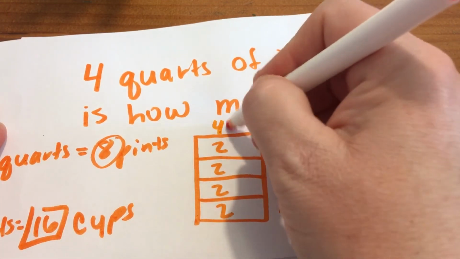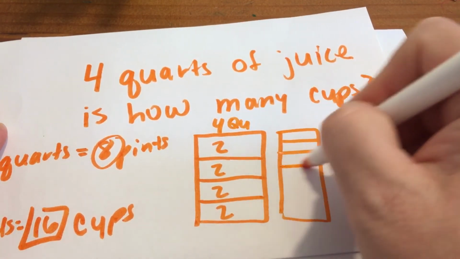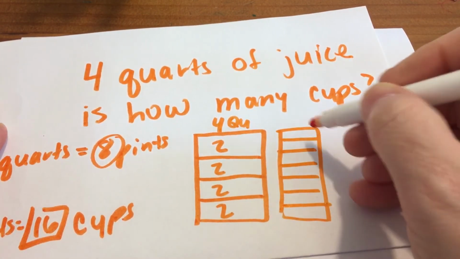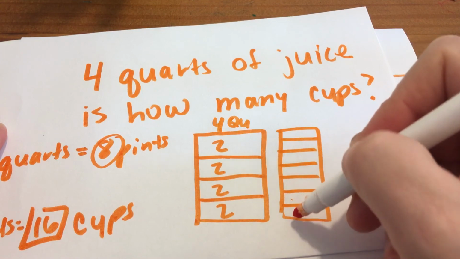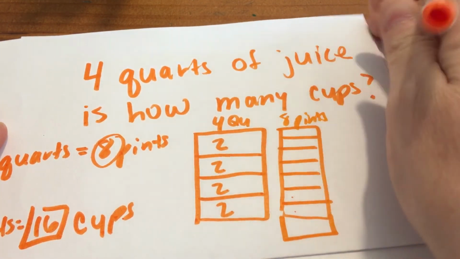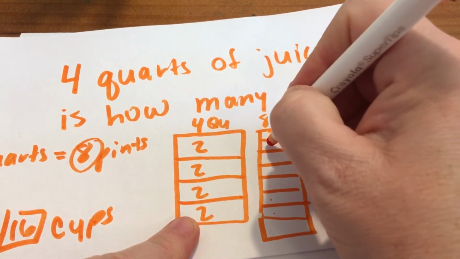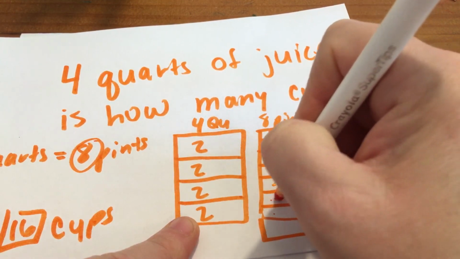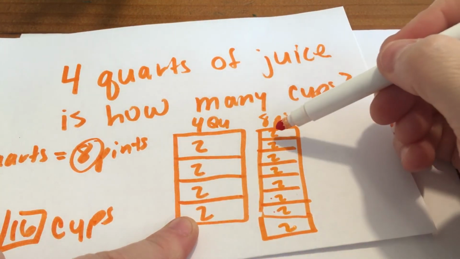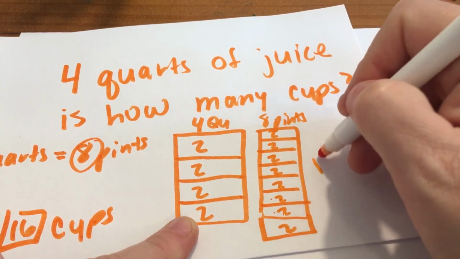So this is our 4 quarts, and here are our 8 pints. Now let's go back. In every 1 pint, there's 2 cups. And how many cups is that? 2, 4, 6, 8, 10, 12, 14, 16 cups.